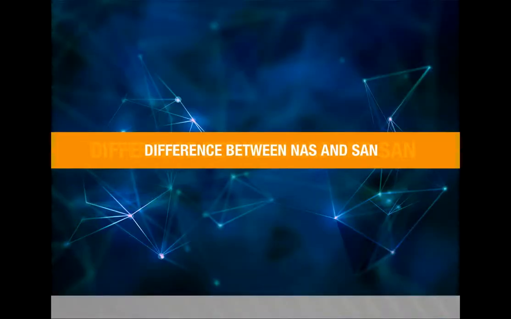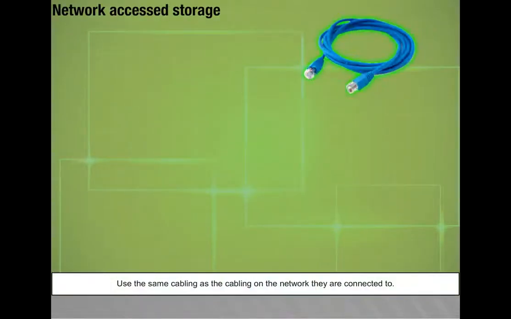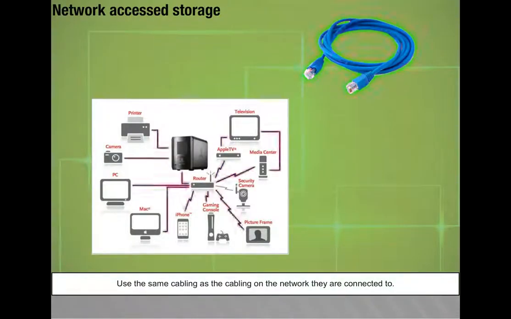Difference between NAS and SAN. In this video, we are going to see difference between NAS and SAN. Network attached storage: uses the same cabling as the network it is connected to.